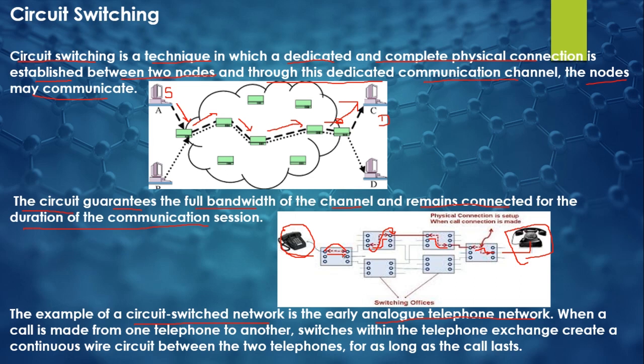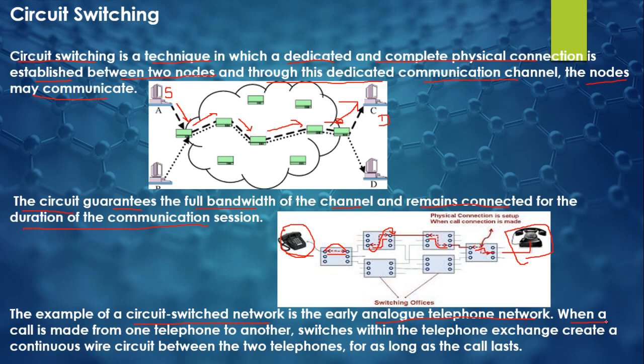So a dedicated path is established between these switching stations, and then their communication is done. While their communication is going on, no other call can be connected using these lines, right? So one example of a circuit switching network is basically the telephone network.